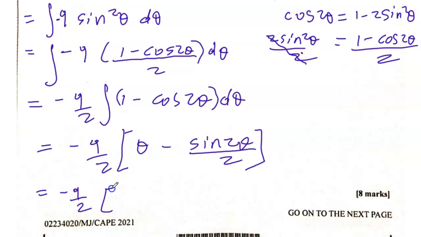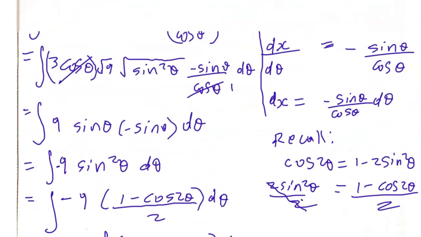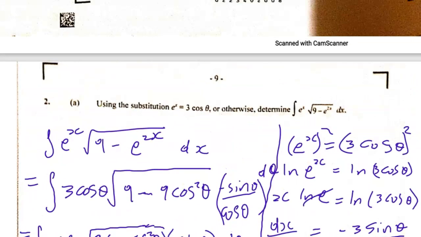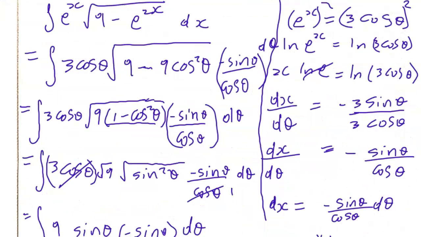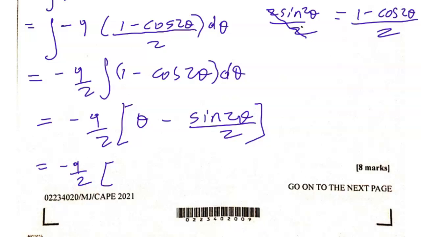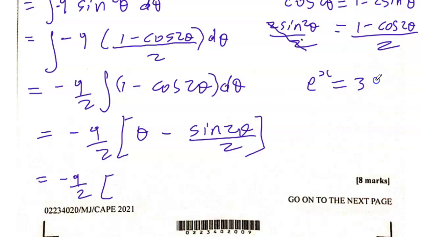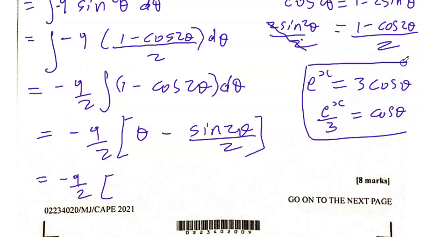Now, what is theta? Let's put it back in terms of x. Now remember that e to the x was equal to 3 cos theta, which means that, dividing both sides by 3, e to the x over 3 would be equal to cos theta, which means that theta would be cos inverse of e to the x over 3.